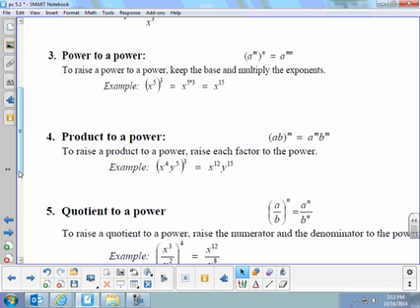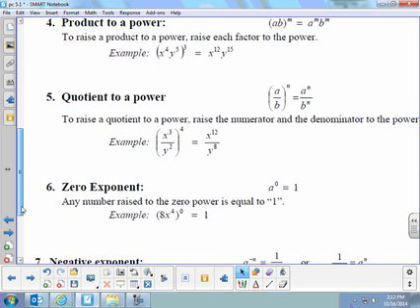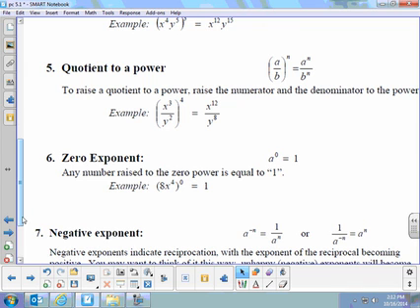Product to a power, whatever's on the outside of those parentheses has to be applied to everything inside the parentheses. That goes for numbers and variables. Zero exponent, anything to the zero power is always going to be 1.